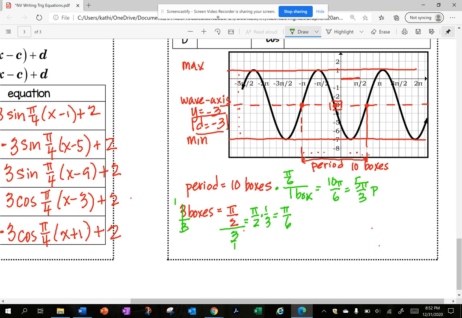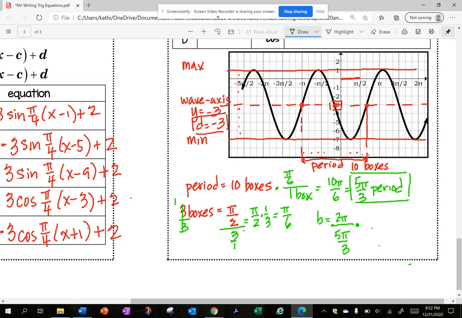So this is my period. Okay, once I know my period, then I can calculate my B value. So B equals 2 pi divided by the period, and we said the period is 5 pi divided by 3.